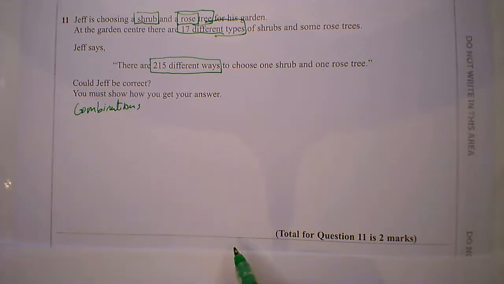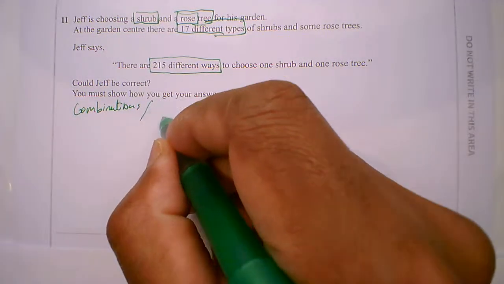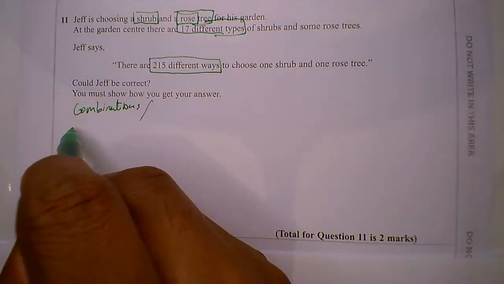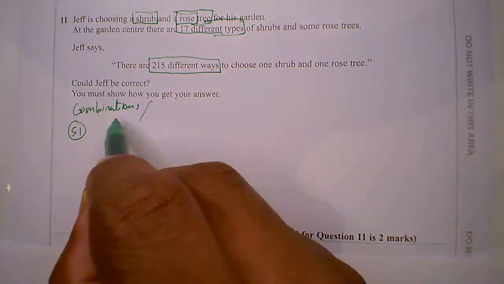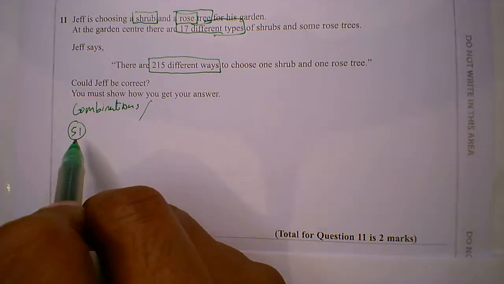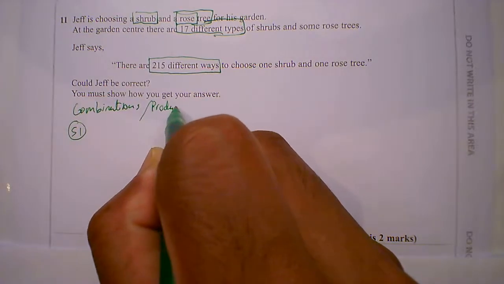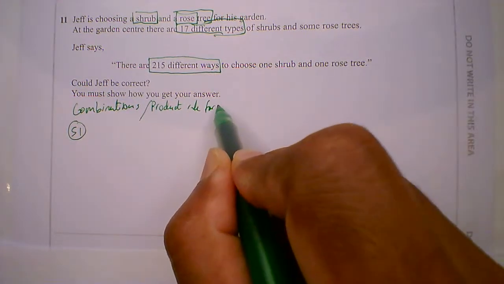Combinations, or you could say this is what's the word? Product rule. So how do I do this? Step one is I'm going to imagine doing this normally. So product rule for counting.